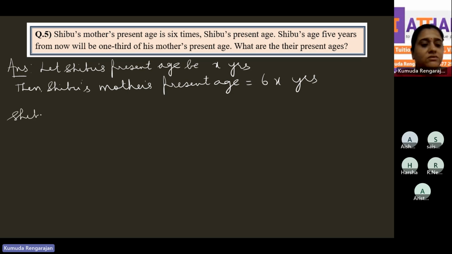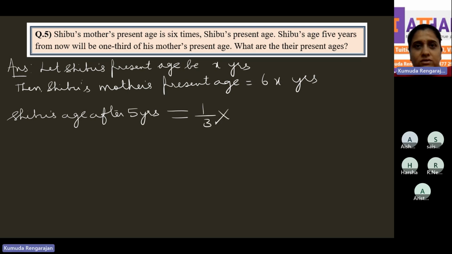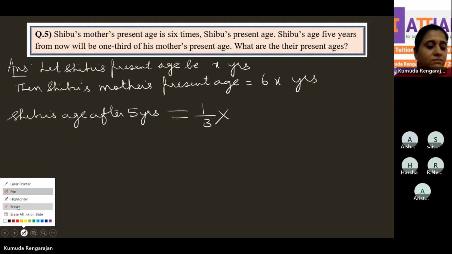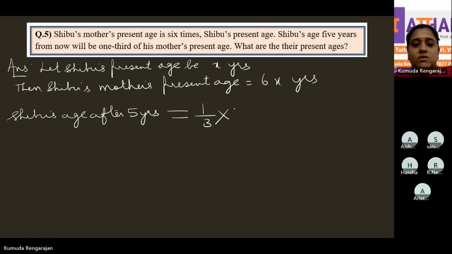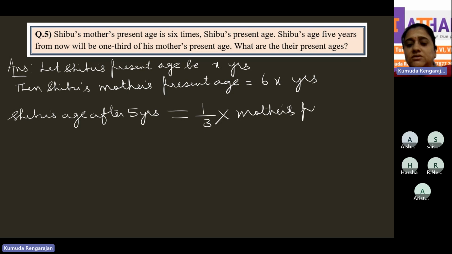Shibu's age after 5 years will be equal to 1/3 of his mother's present age. That's what is given, right? Shibu's age after 5 years is equal to 1/3 into his mother's present age.